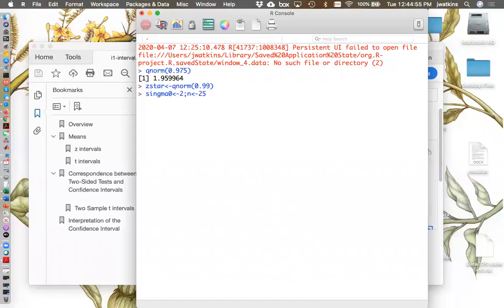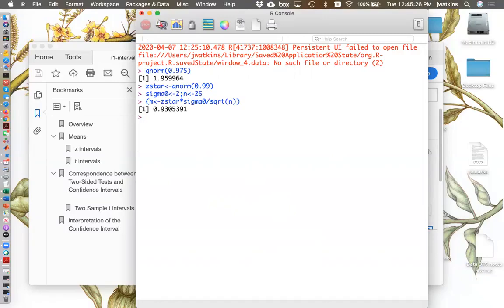And then I can get the margin of error by, let me just display it, z star times sigma naught divided by the square root of n. So there's the margin of error, 0.98.